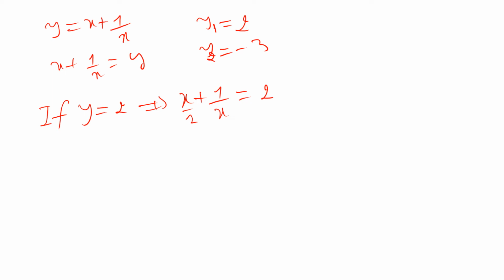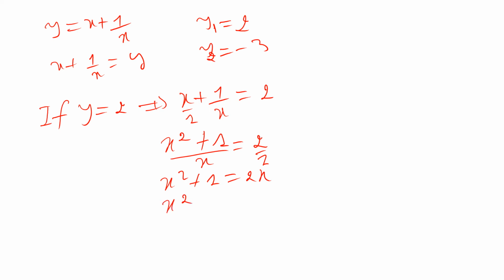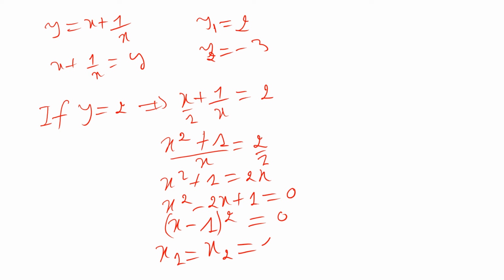Common denominator is x, so we get now x squared plus 1 over x equals 2. Then we get x squared plus 1, which is equal, by cross multiplication, to 2x. Then we get x squared minus 2x plus 1 equals 0. This one, as you know, is x minus 1 squared equals 0, which means that here we have a repeated root, x1 is equal to x2 equals 1.